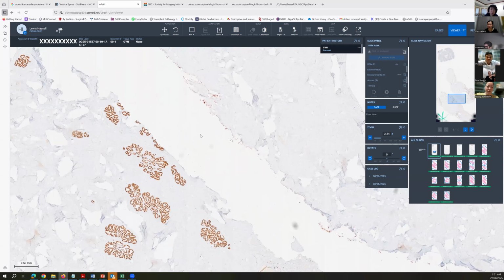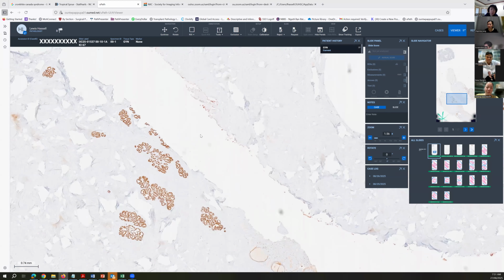And I think the context of seeing everything else there and how deep it was really helped.